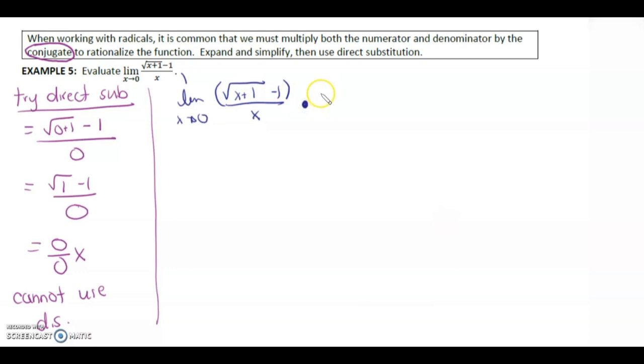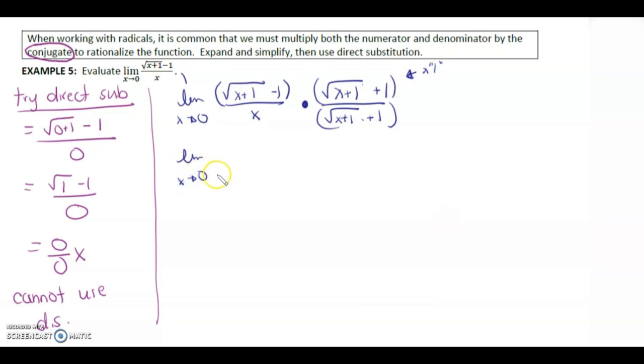So let's multiply by the binomial root x plus 1 plus 1, over root x plus 1 plus 1, right? By multiplying by the conjugate, this is also just thought of as multiplying by 1. We're just making our function look a little bit different.